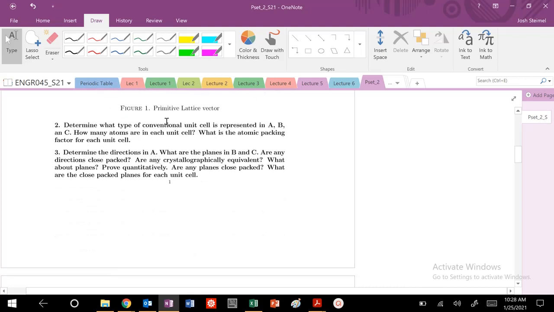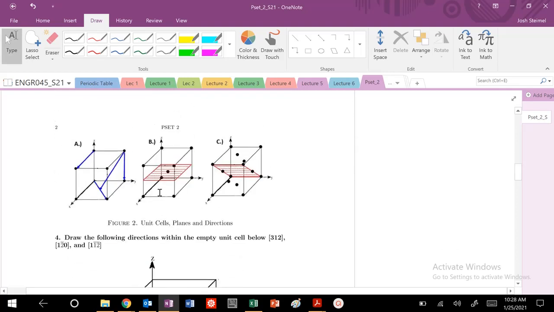All right. 2, determine what type of conventional unit cell is represented in A, B, and C. And how many atoms are in each unit cell? What is the atomic packing factor for each unit cell? Well, for A, I know this is simple cubic. I know this is BCC. This is FCC. I know for the first that this is going to be 1 atom, and the packing factor is going to be 5 over 6.